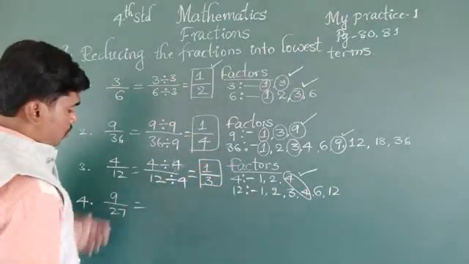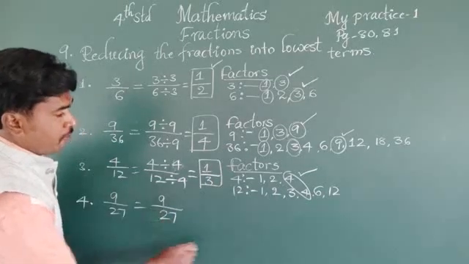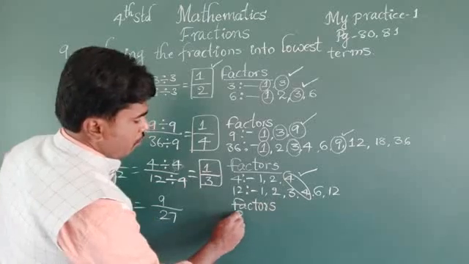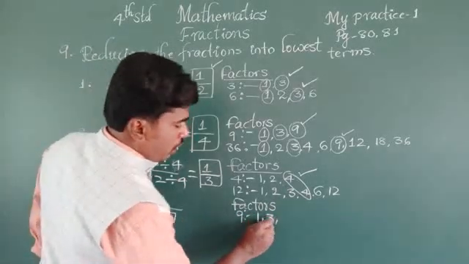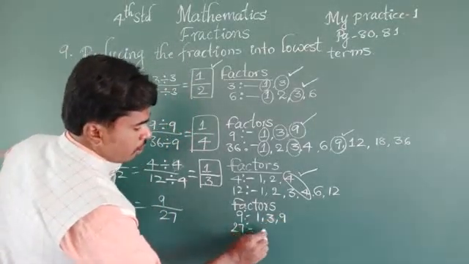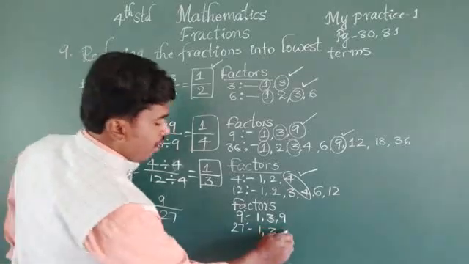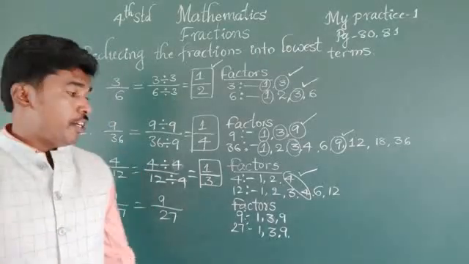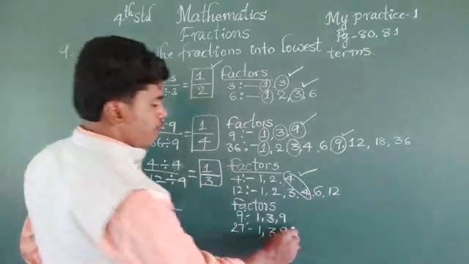Now we come to the next one. It is 9 by 27. Now you find out the factors. Factors of 9 are 1, 3 and 9. For 27: 1, 3, 9. 4 will not divide, 5, 6 also do not divide. After 9, it is 27 only.